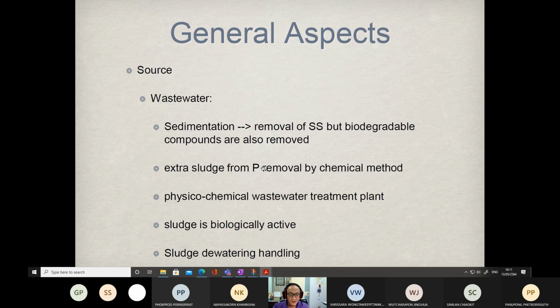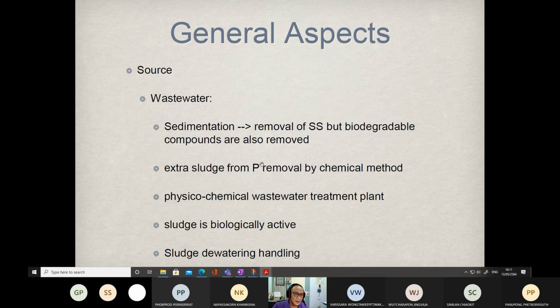Extra sludge comes from phosphorus removal by chemical precipitation. In some cases, the plants apply phosphorus removal by the addition of calcium, so that the calcium reacts with the phosphates and finally becomes solids, and then this could be sludge.